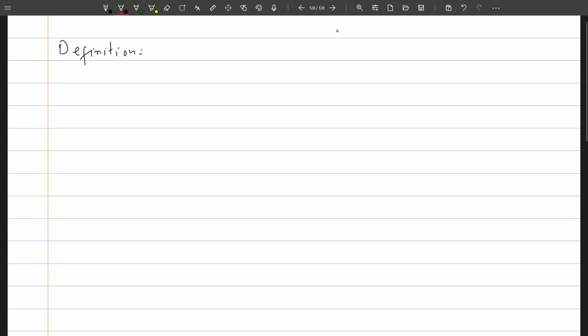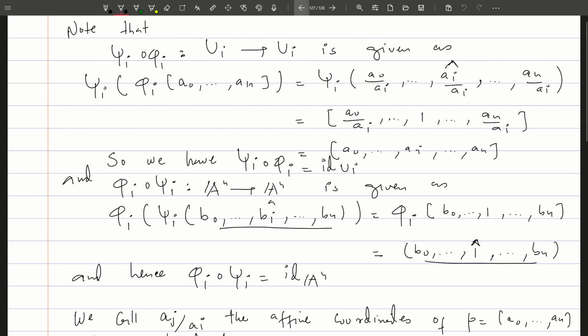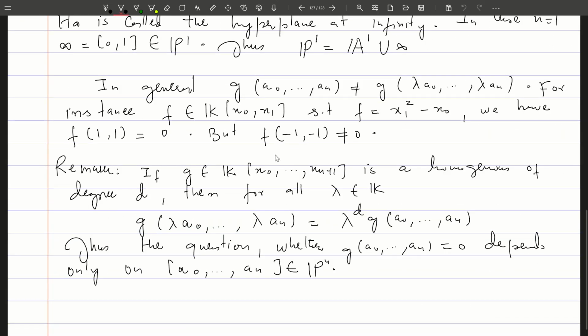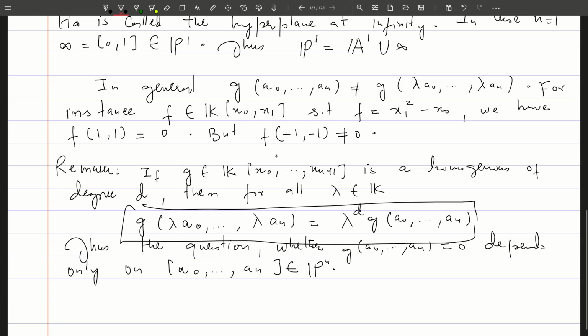So let us consider G to be a polynomial in n plus 1 variables. So this is a homogeneous polynomial. By homogeneous we mean this situation over here, I mean if this thing is true. So this is homogeneous of degree d.